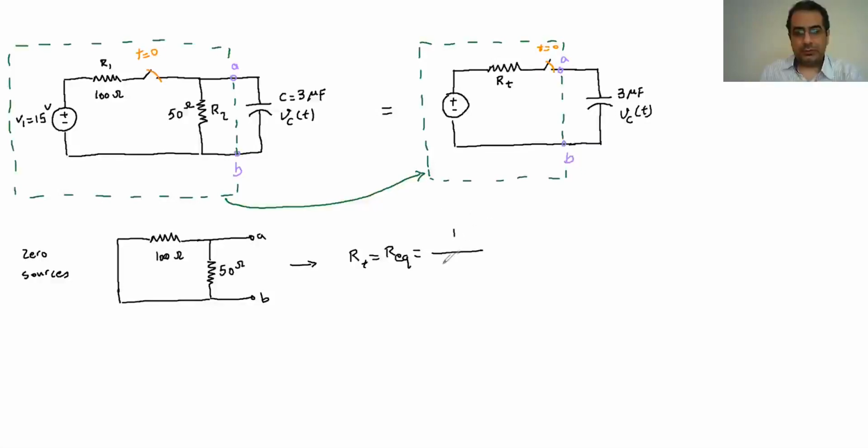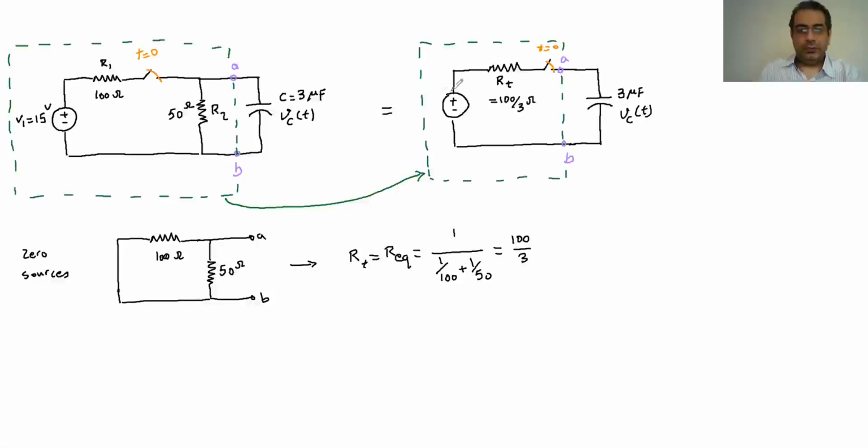So the equivalent is going to be 1 over 100 plus 1 over 50, which, if we do the calculation, gives 100 divided by 3. So our Thevenin resistance here is going to become 100 over 3 Ω.